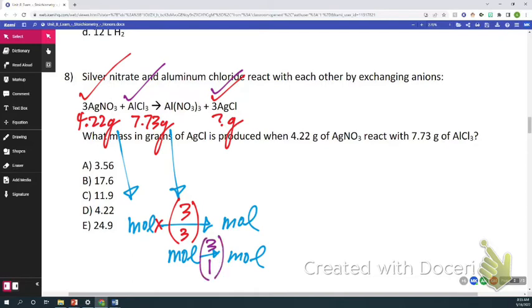So they ride different mole ratio trains. Change them both to moles, ride them over to the right, whichever number is less, ride that one back to grams. And that would be your answer. Whichever one creates less is the one that's important to figure out how much you can actually make of that product.